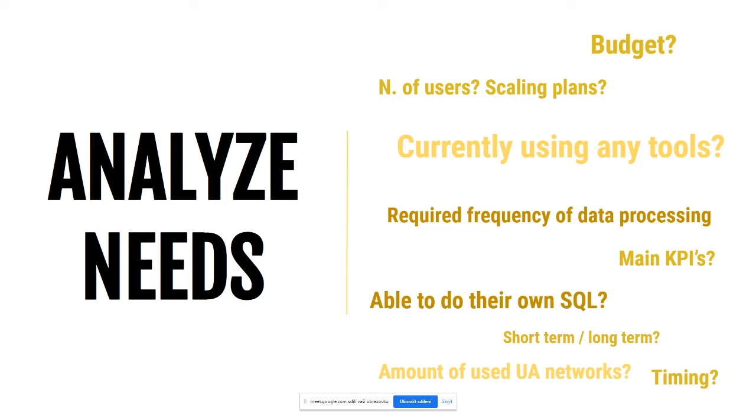In case you're okay with data being batch processed once a day, you can actually use the setup that we're talking about today. But in case you want real-time data, you'd probably have to be using completely different tools for a completely different cost. It also very much depends on the company being able to do their own SQLs and their general tech savviness. So in case you don't have these people in the team, either hire them or just don't do it at this point.